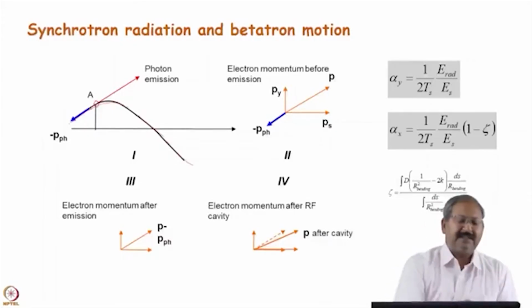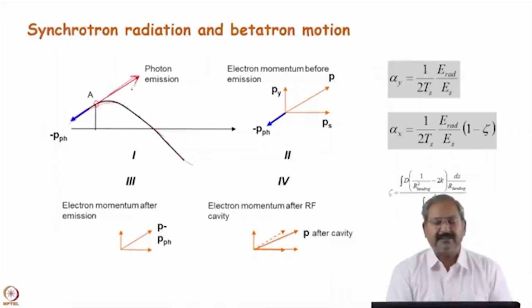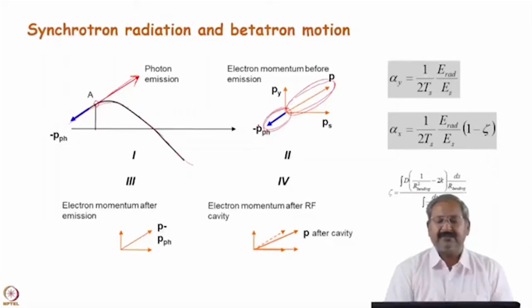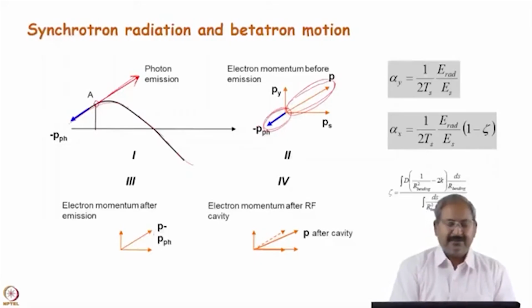Now at this instant it is passing through the dipole magnet, so it emits a photon. An electromagnetic wave is emitted from this electron. We can see that this was the momentum of the electron prior to photon emission, and the photon carries such momentum from the electron. So now the momentum of the electron has been reduced.